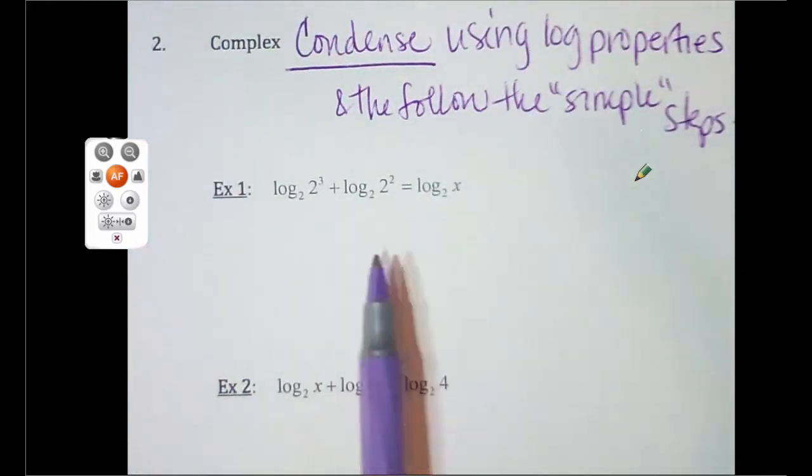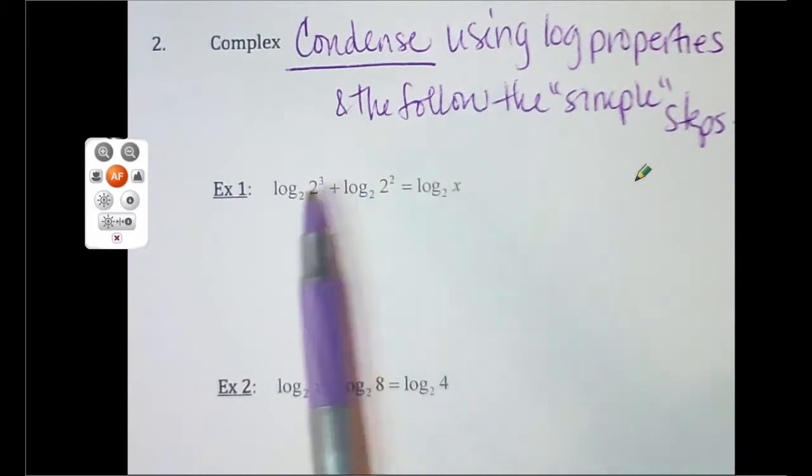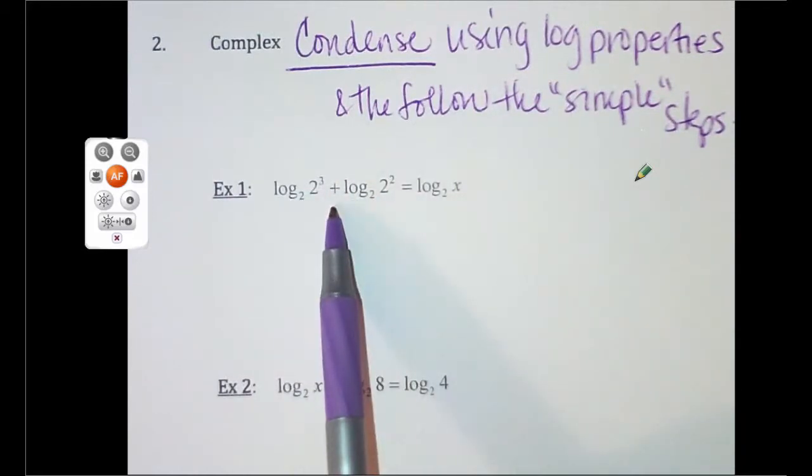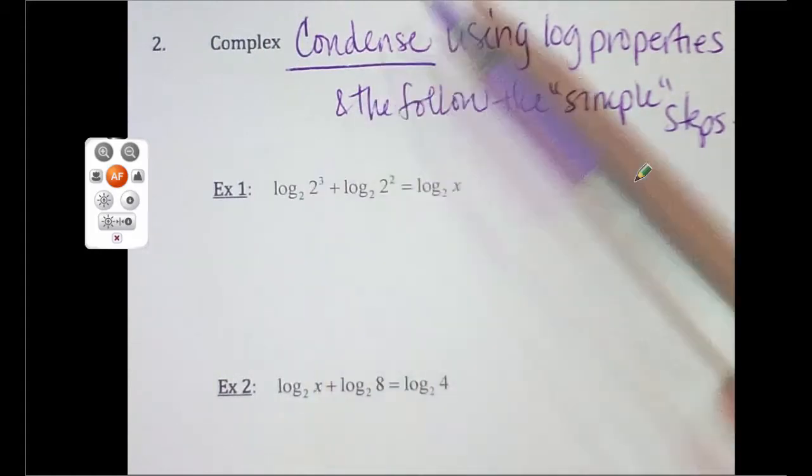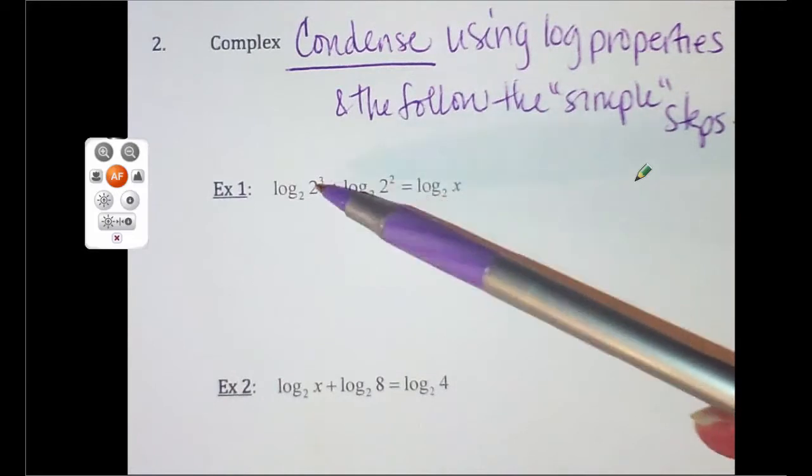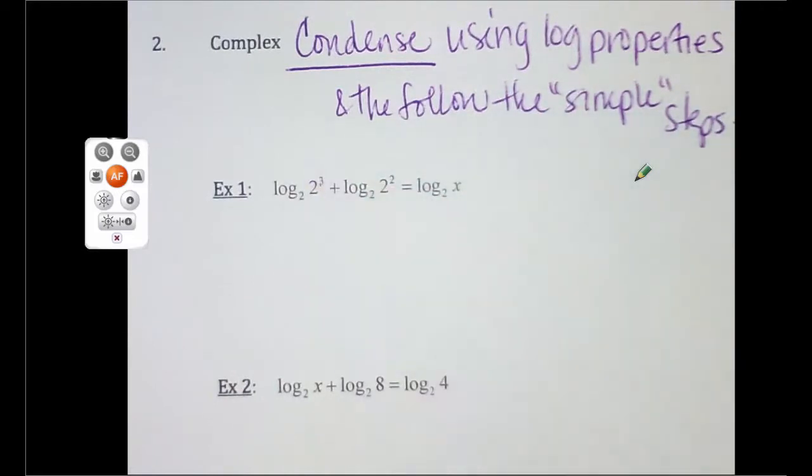In number 1, I have an exponent on a log, and I have two logs separated by addition. They have the same base. Because the exponent's on the number and they've already been expanded, I'm not going to swing it down front, because that would expand it more, and I'm trying to condense my logarithm. So instead, I'm going to evaluate that 2 cubed.